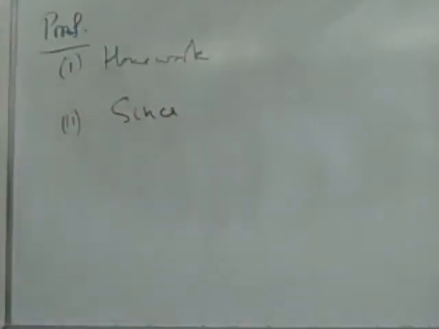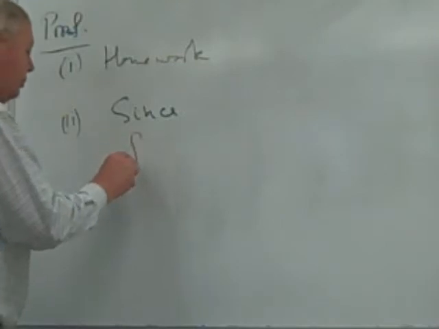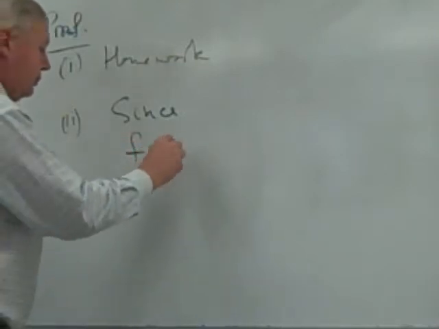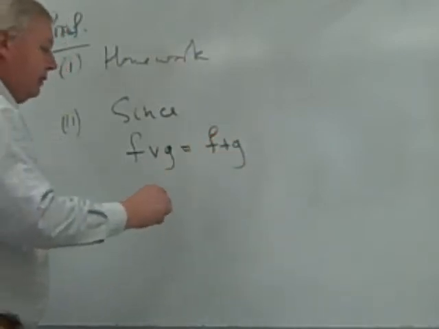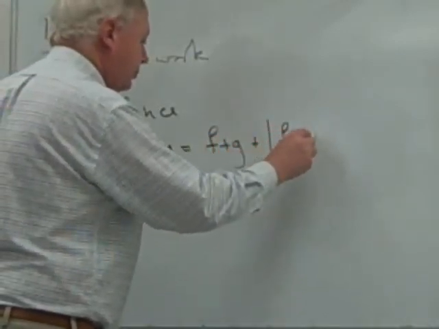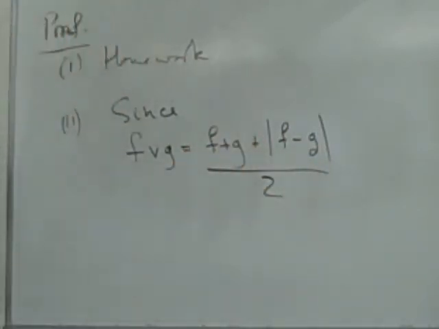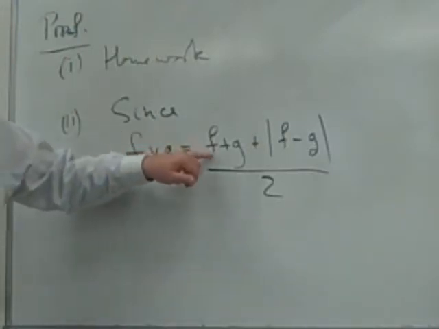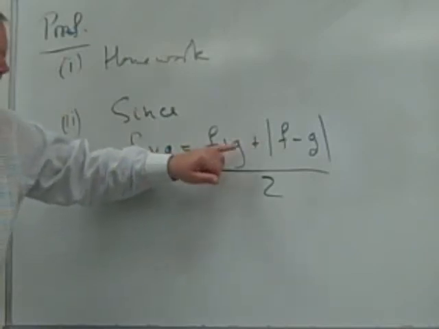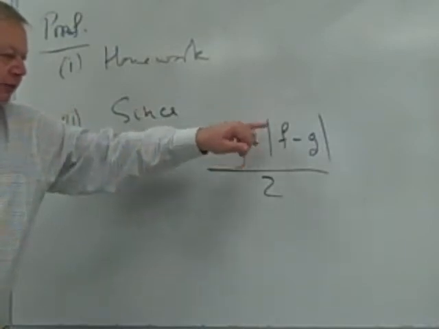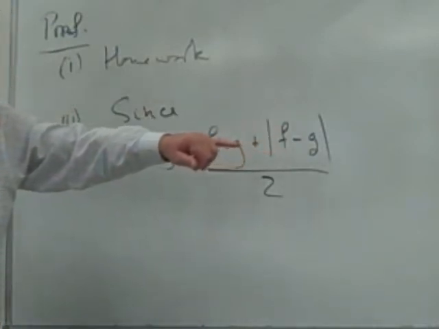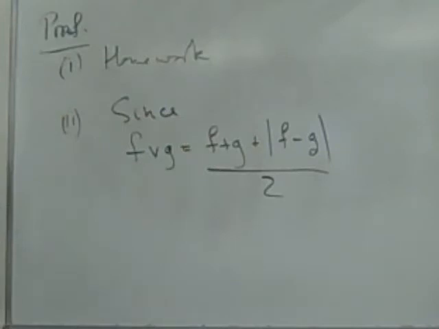formulas for the max and min. All we have to do is show, since we have an algebra, f plus g is in there, f minus g is in there, so we just have to show that the absolute value of any function in the closure is again in the closure.